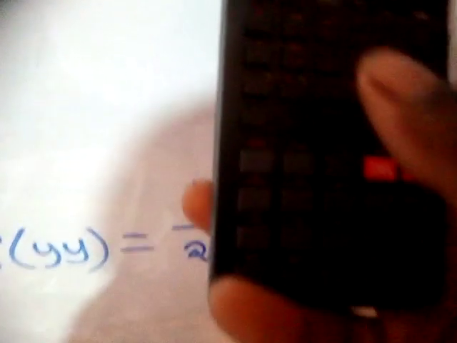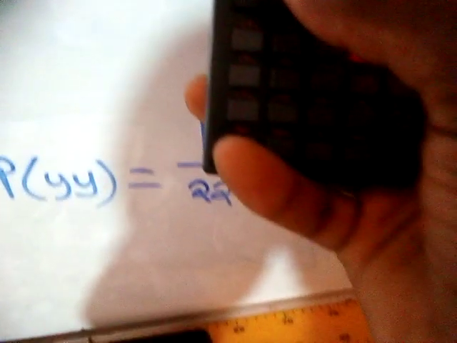And you're going to have the decimal fraction, but you don't leave it as a decimal. You go to the S-D button, which is right here. Hopefully you're able to see this particular button.